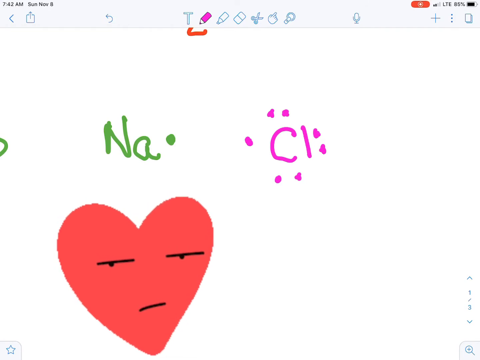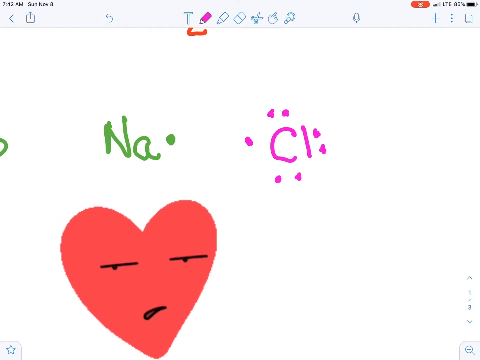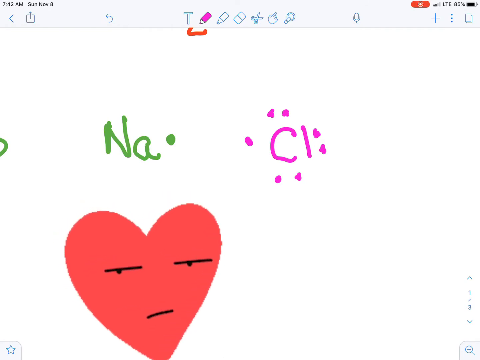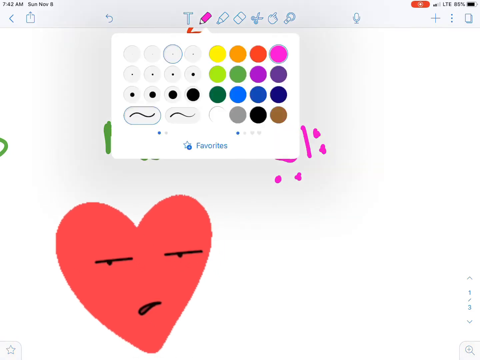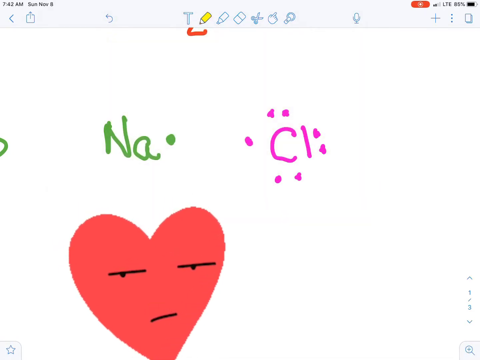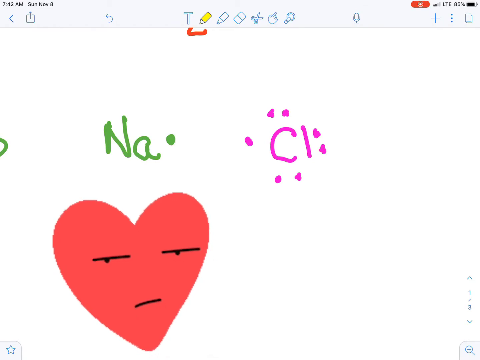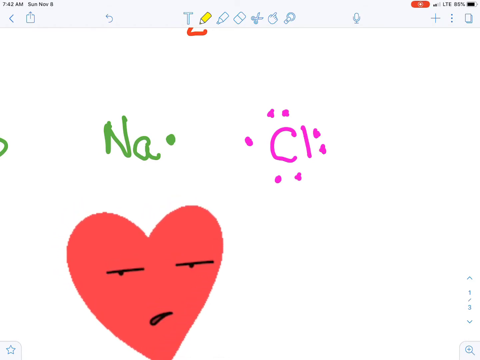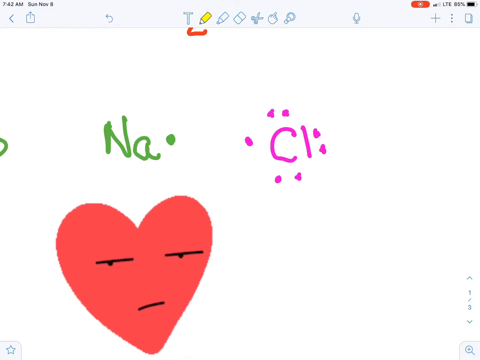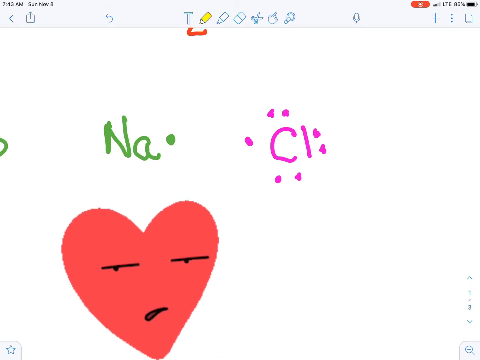Cl is not happy because it has 7 electrons in its shell, and it would like to have 8 or 0. The way we know what they're going to do is the easiest way. It's much easier for Na to lose 1 electron than to gain 7, and for Cl, it's much easier to gain 1 than to lose 7.